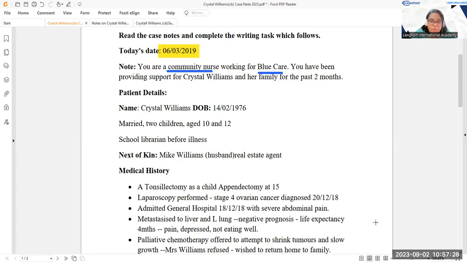Carefully read, go through it. Don't worry about selecting the information, just read and understand. Make sure to make a note of the date so you're not confused. Today's date is March 6th.